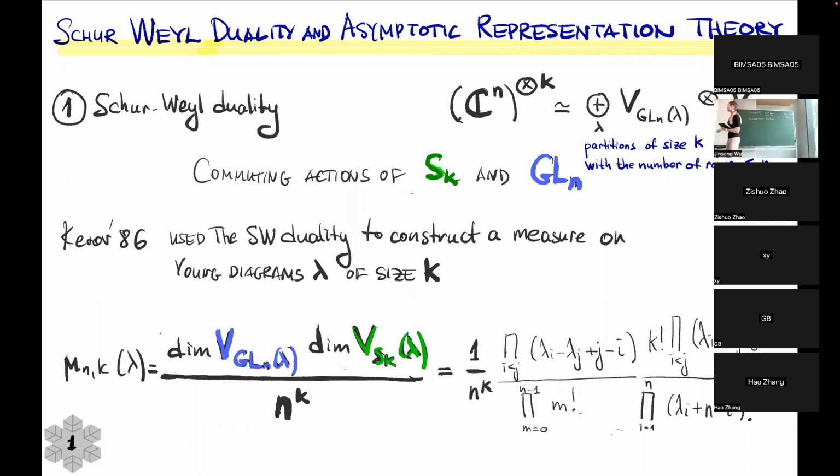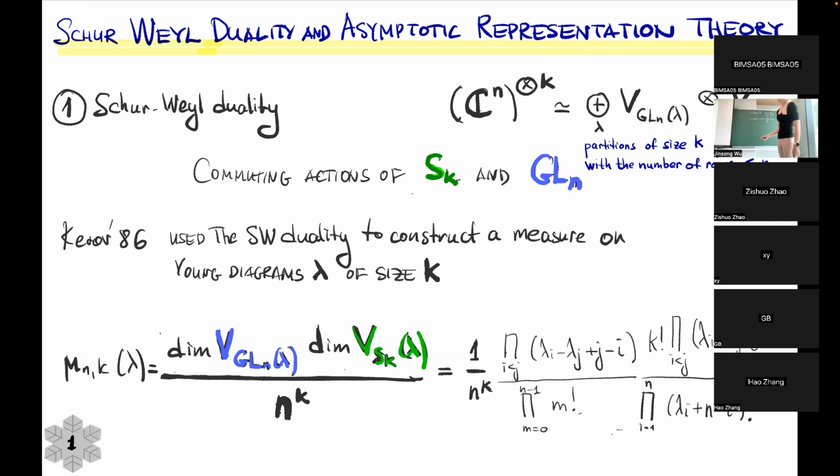So in fact, we can introduce the measure, and that is what Kirov did in 1986. He used the Schur duality to construct a measure on Young diagrams of size n.